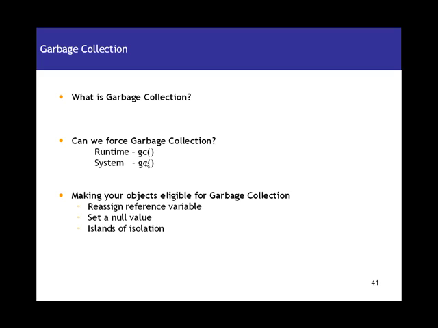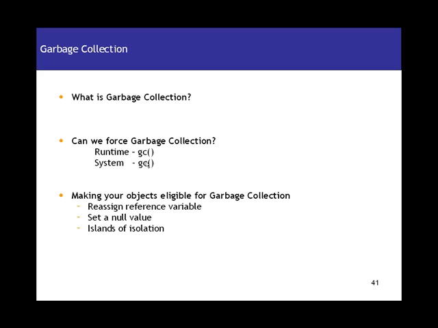Now, we've seen that the garbage collector is responsible for clearing up all the unused objects. We also know that we can request the garbage collector to run so that it clears up the memory. But from my programming perspective, how can I make a particular object eligible for garbage collection? We know that the garbage collector collects all the unused objects.